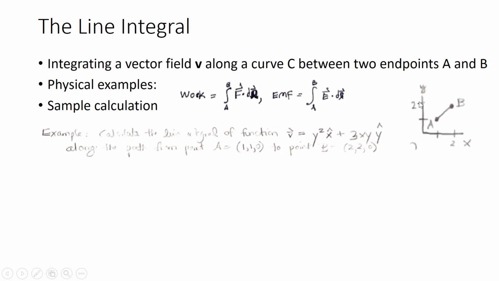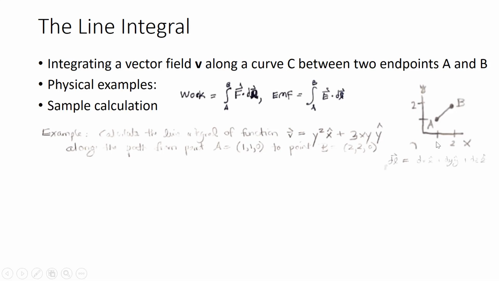And here's a picture of that in the plane. We have 1, 1, 0 is A, and 2, 2, 0 is B. And the z component is not expressed here.